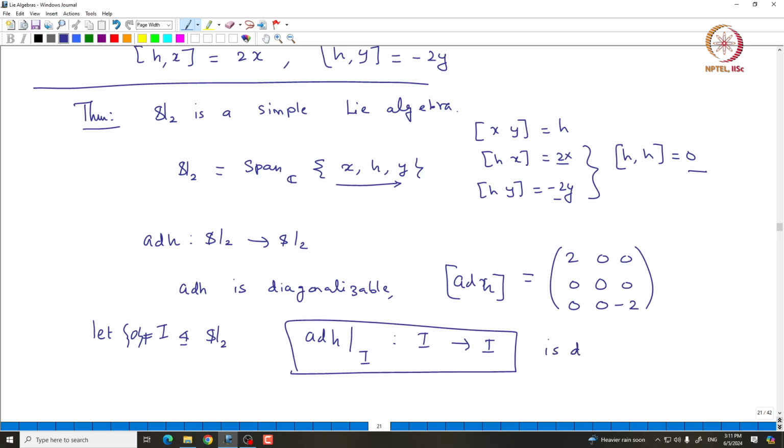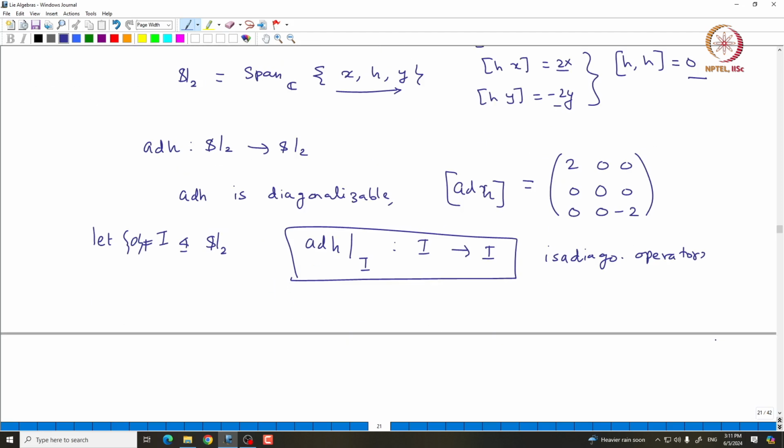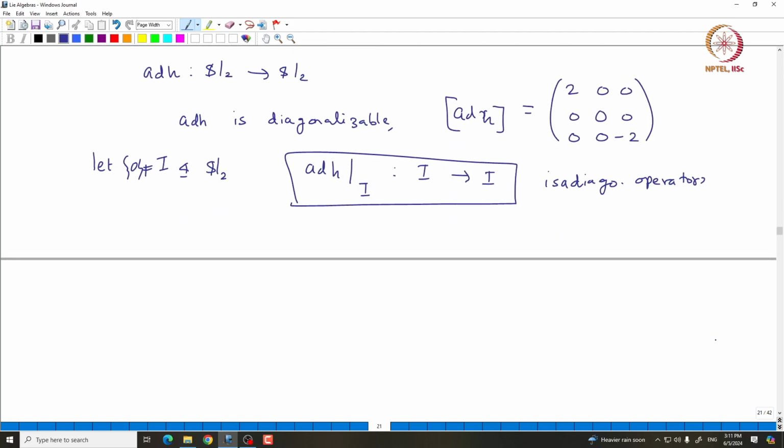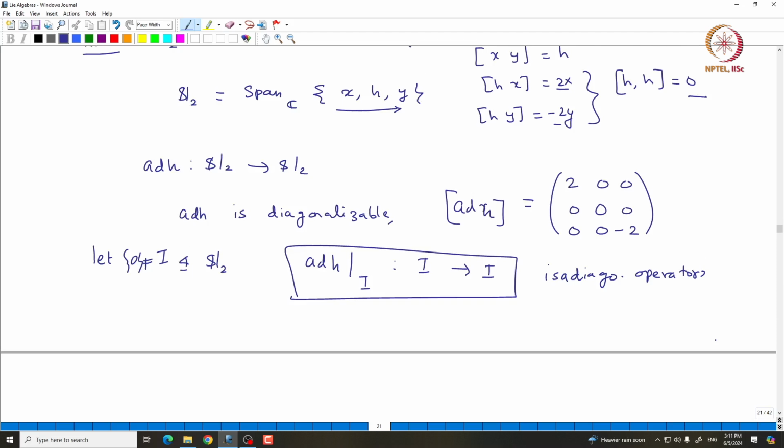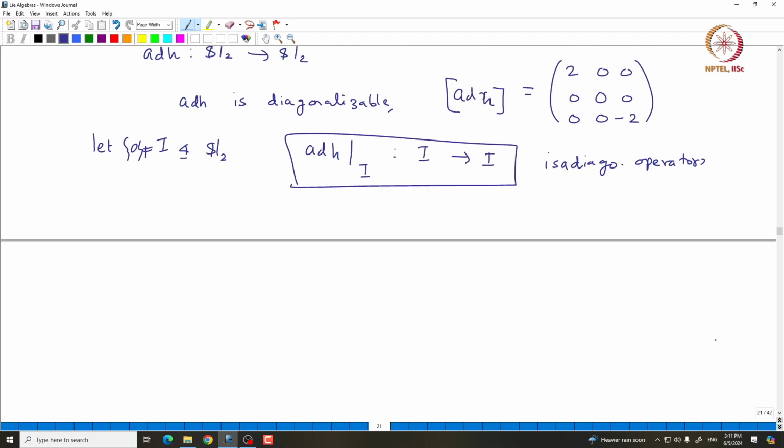Because all the eigenspaces of ad h are one dimensional for SL2 and there are 3 distinct eigenvalues 2, 0 and minus 2, you can see that ad h restricted to I also must have some eigenvalue with a non-zero eigenspace.